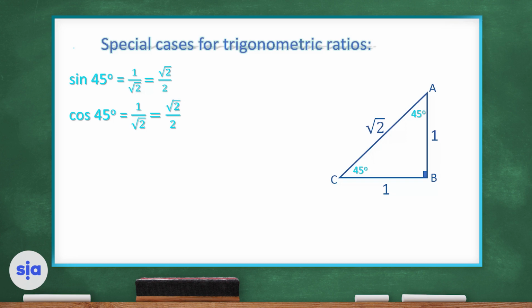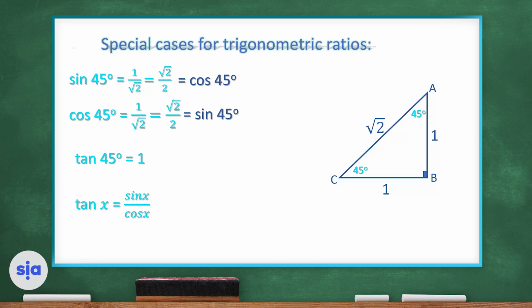Then in this triangle, sine 45 is equal to cosine 45. And tan 45 is opposite over adjacent, which is 1 over 1, that is equal to 1.